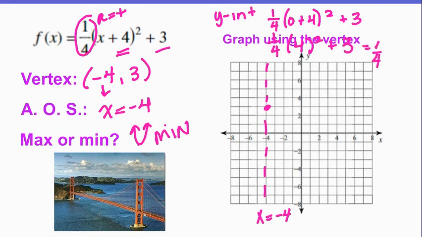So now I have 1/4 times 16 plus 3. 1/4 of 16 is 4. So I got 7. So I know that at 0, I'm at 7. Okay, so I plugged in 0, got the answer of 7. And again, the exact mirror image on the other side.